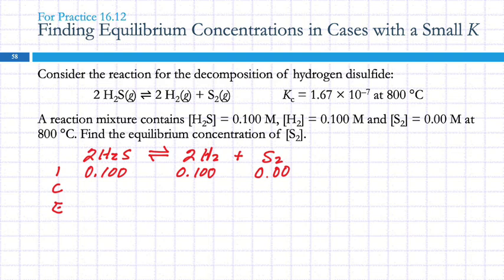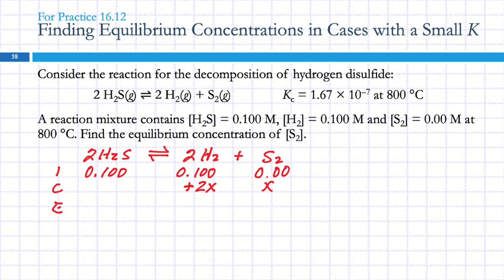And then I'm going to say it's going to change by X. Which direction is it going to go? It has to go forward because we're starting out with none of the S. So it can't go backwards. It has to go forwards. So S is going to increase by X. H2 is going to increase by 2X.